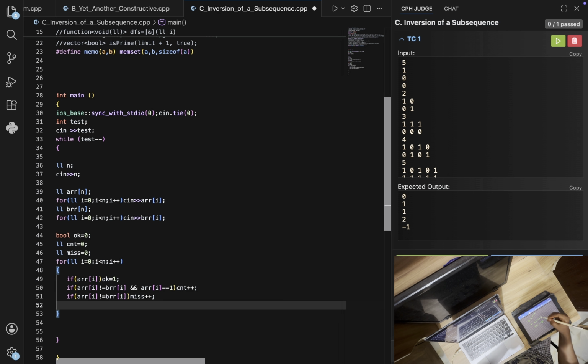Second option is, if it has some mismatch but no count, then the answer is at least 2.